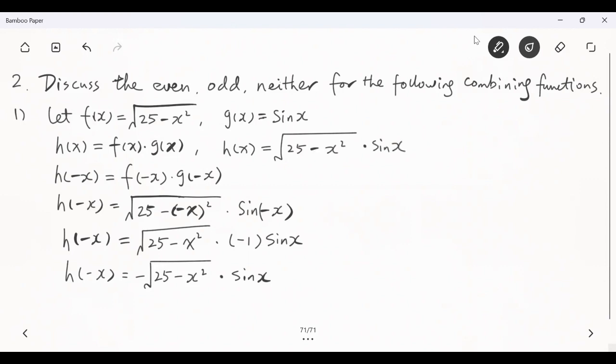So we can get the result h negative x equal negative h(x), right? Because in the last function, in the front, it is negative, but the original function is positive, right? Okay, so that it is an odd function, right? It's an odd function.